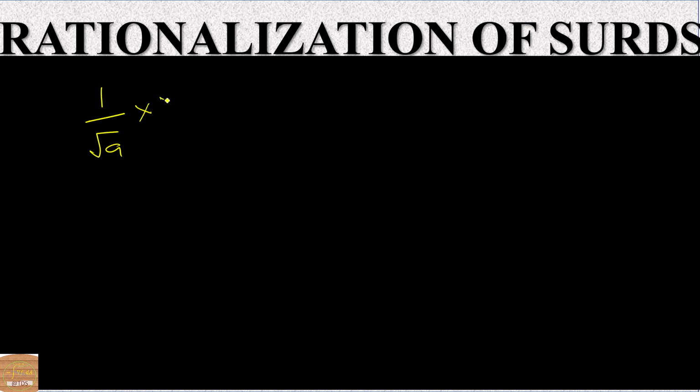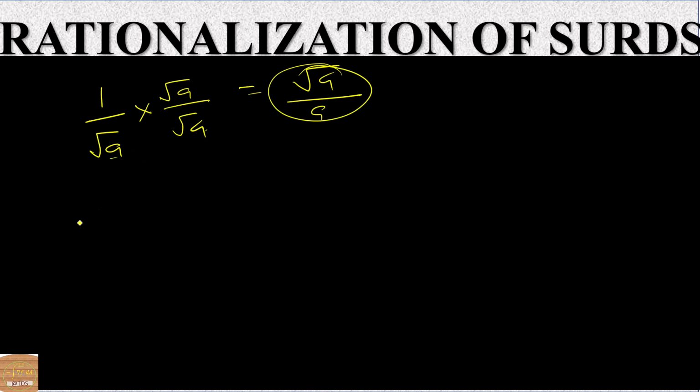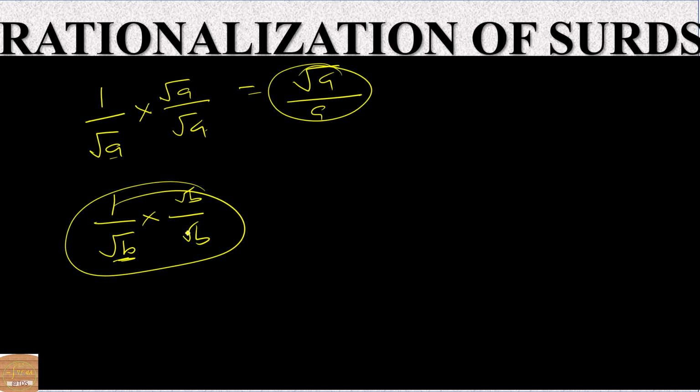So we have 1 times root a, then root a times root a is a. In case you are also given 1 over root b, just multiply both numerator and denominator by root b. So this is case 1.